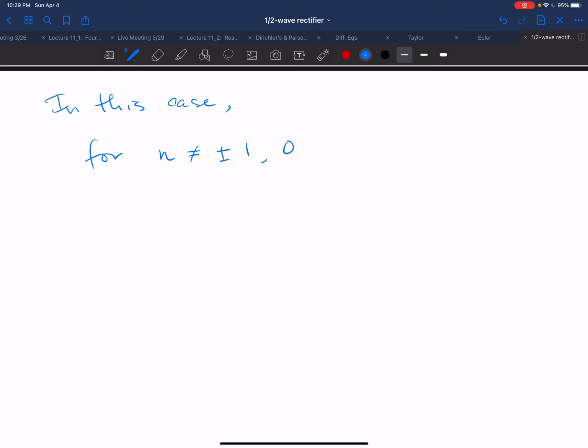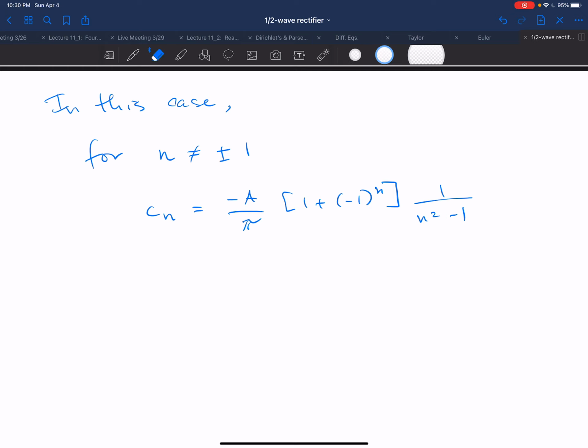For n not equal to plus or minus 1, and I should also say for n not equal to 0, what we end up with is Cn equals minus a over pi times 1 plus minus 1 to the n times 1 over n squared minus 1, which looks a bit like what we had before. Actually, this does apply also for n equals 0, so let me leave that out.